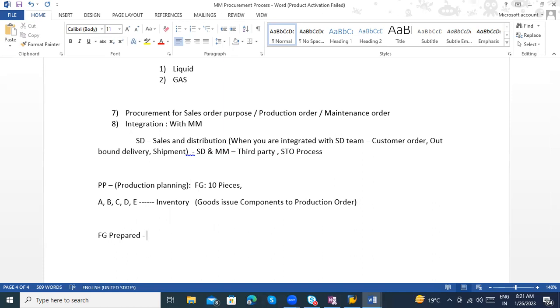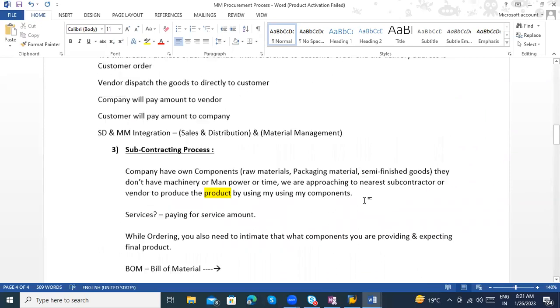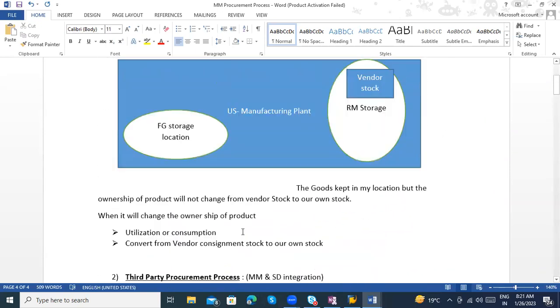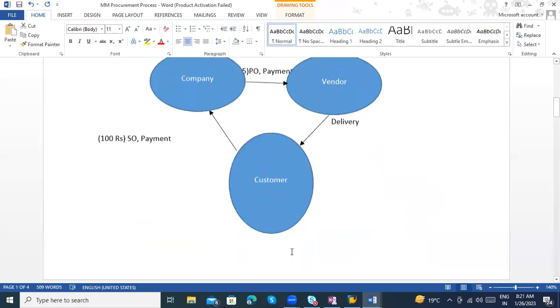At the storage area. So I mentioned at the top, the store location and the FG location. Once FG is completed, they will keep it in this location.